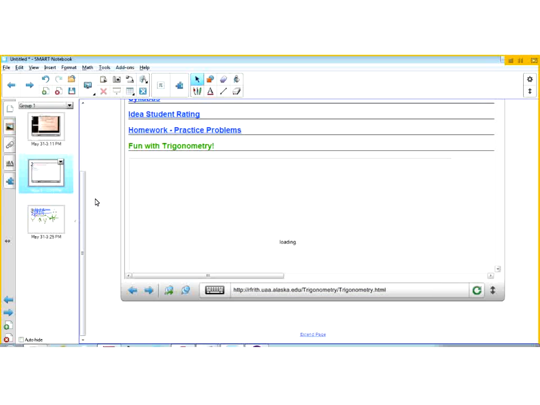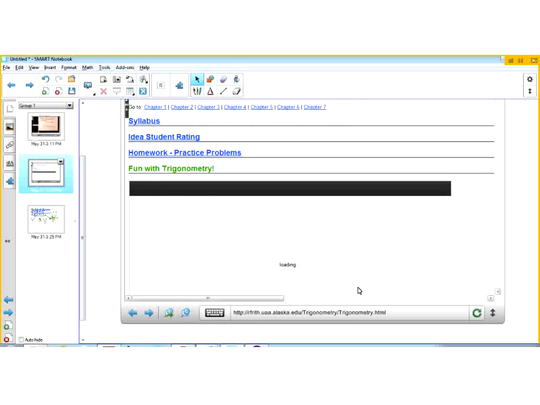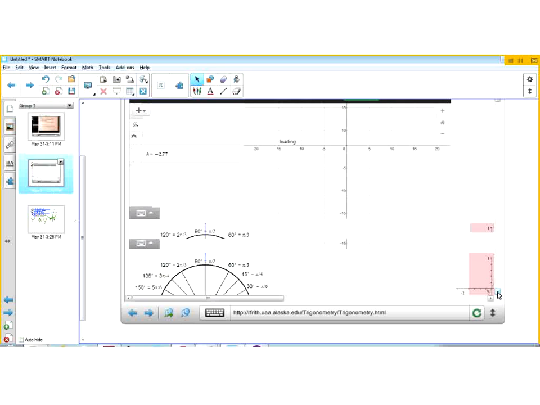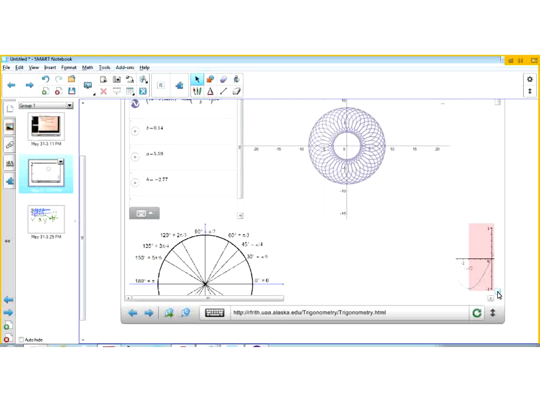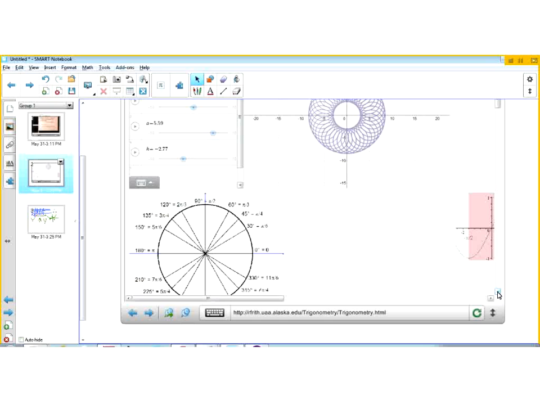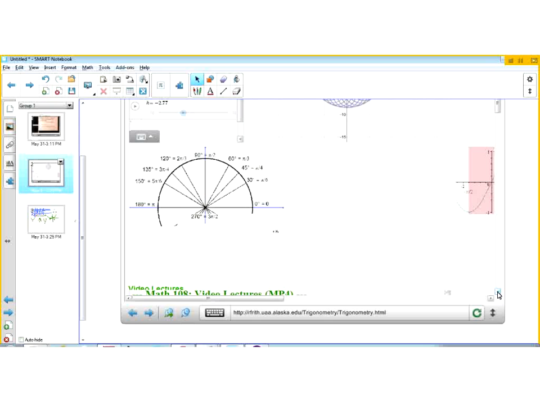And let's see if we can find a resource here. Okay. Let's see here. That looks okay, but can we do better?